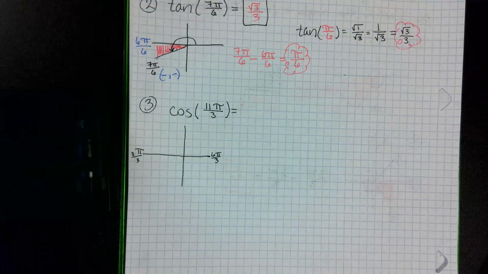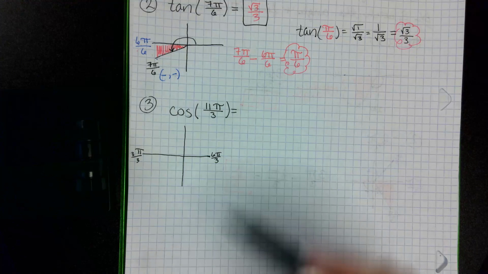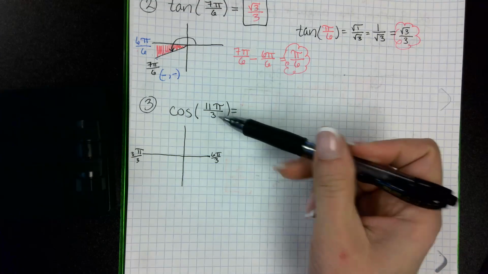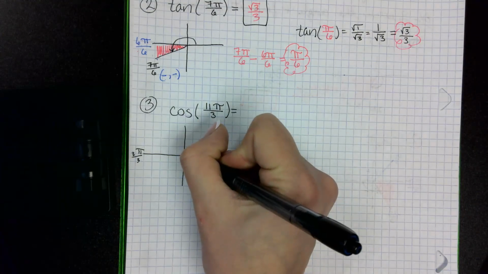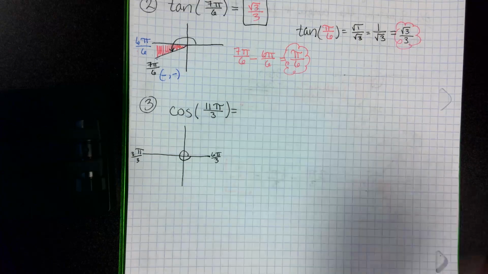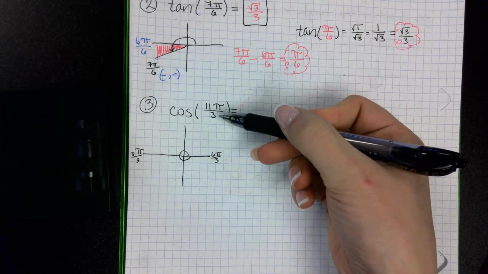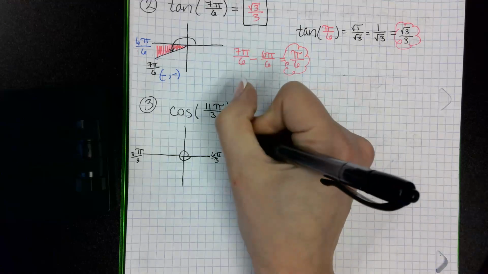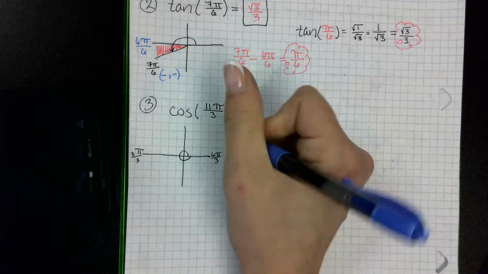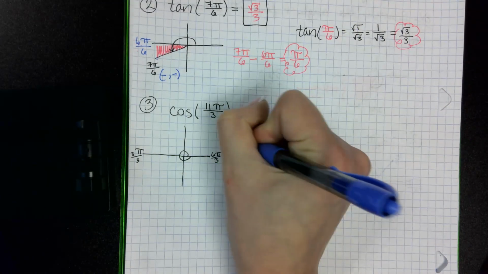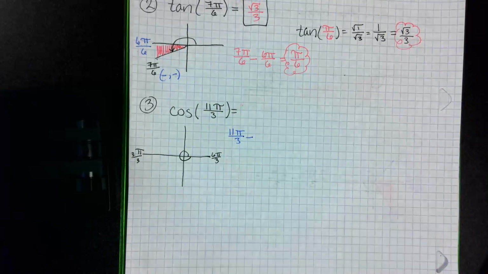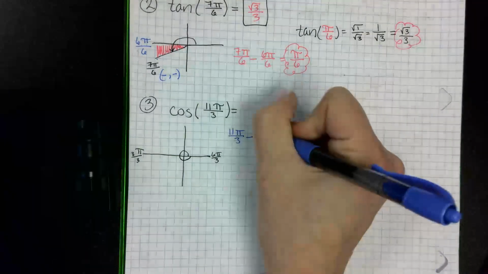That's all the way around the circle, but that's still not enough. So that tells me I go all the way around the circle, but I'm not finished yet. I still have more in my given fraction. So I'm going to take 11 pi over 3 and subtract one time around the circle, which is 6 pi over 3.